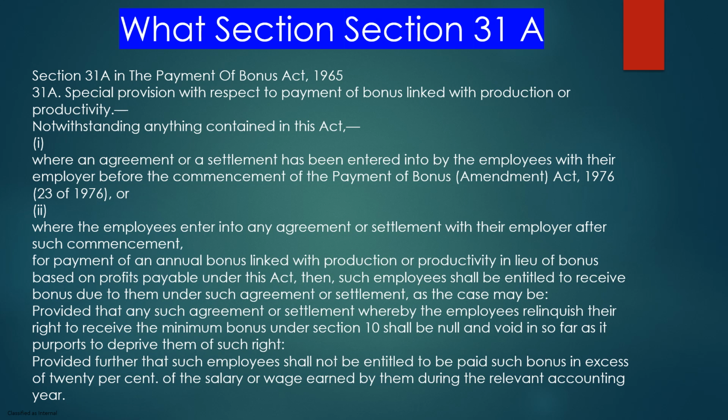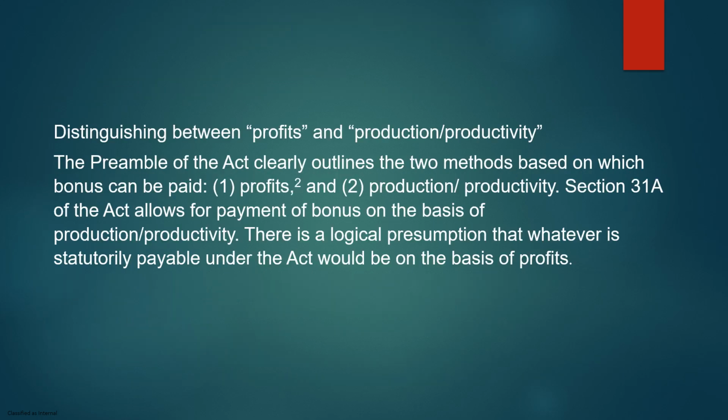That is, the minimum is 8.33% and the maximum is 20%. Above that, whatever amount is paid by the employer to the employee will be treated as ex gratia. That is very clearly said in Section 31A.